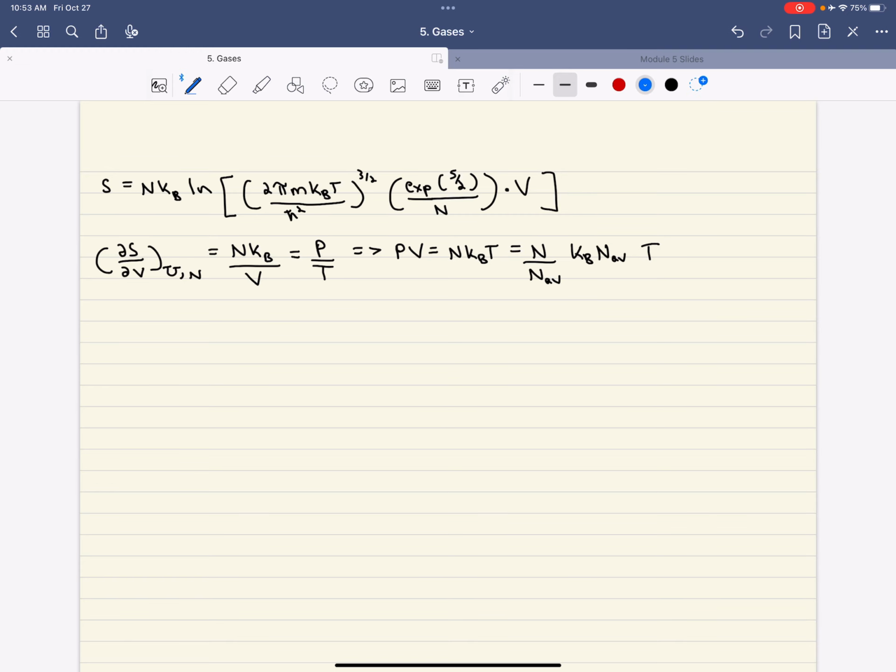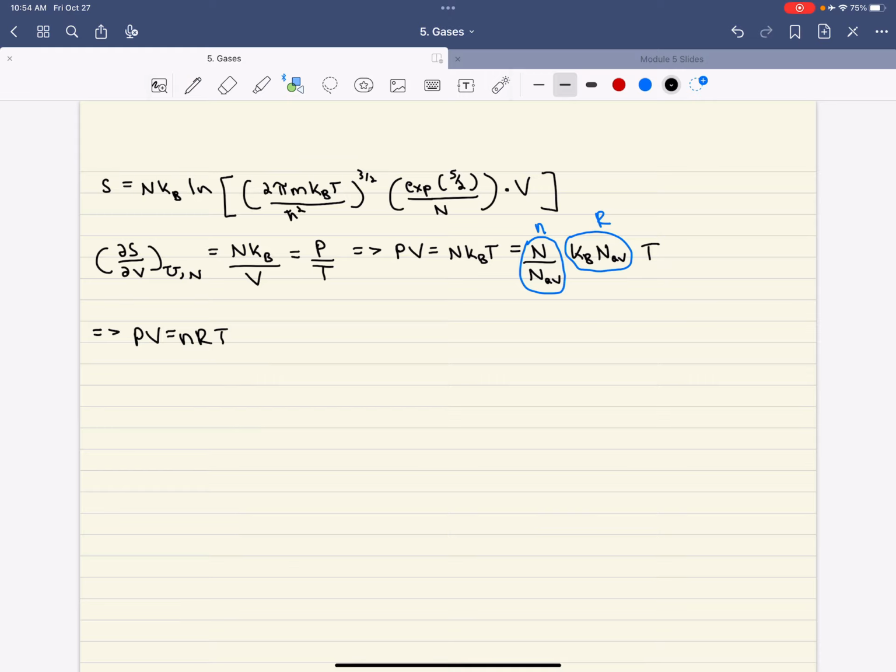But by doing this, we now have the following. So by definition, the Boltzmann constant multiplied by Avogadro's number is just the gas constant. And here, N, which is the number of molecules in our system, divided by Avogadro's number, that gives us moles. And so our equation now is PV is equal to nRT.